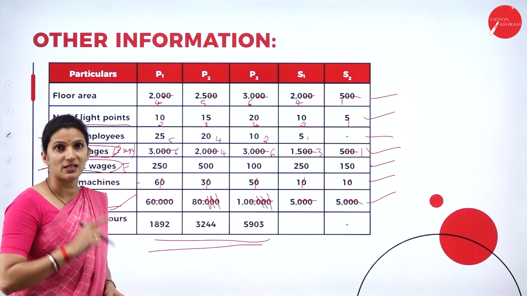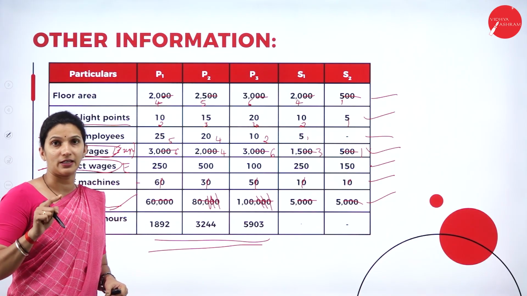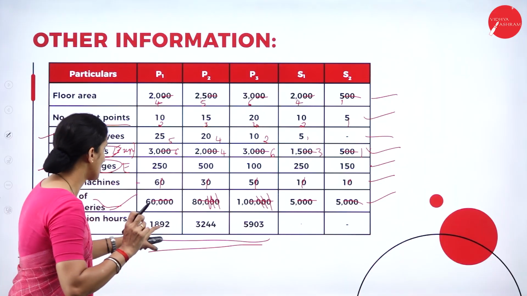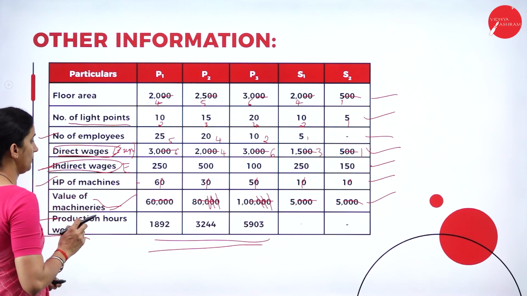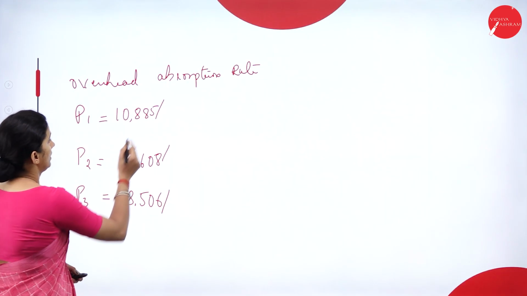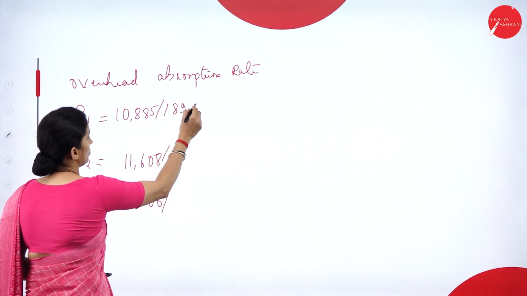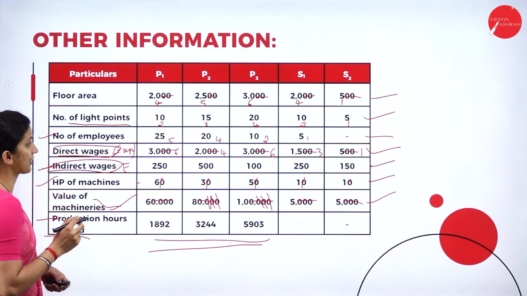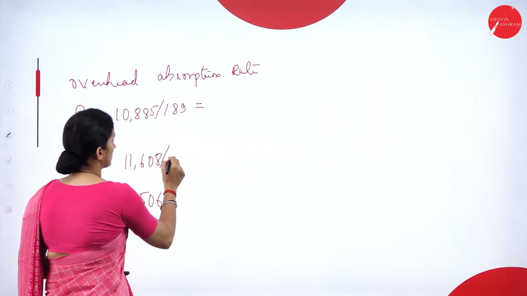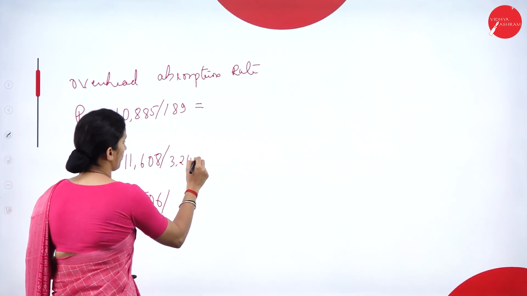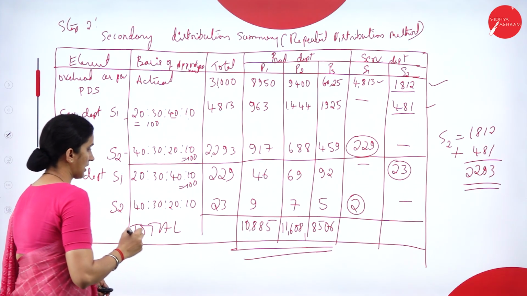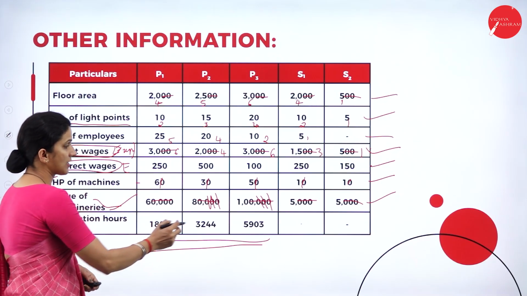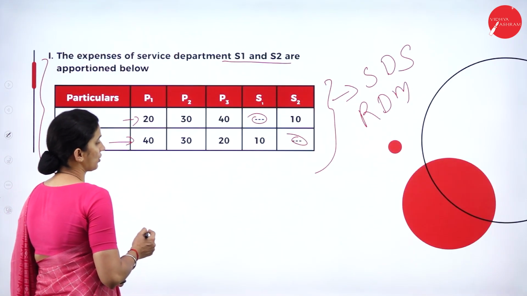So that is the production hours, and we will use it to calculate the absorption rate. So 1,892 for P1, 3,244 for P2, and for P3 the production hours are 5,903.